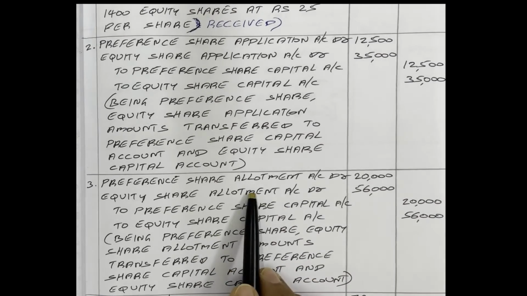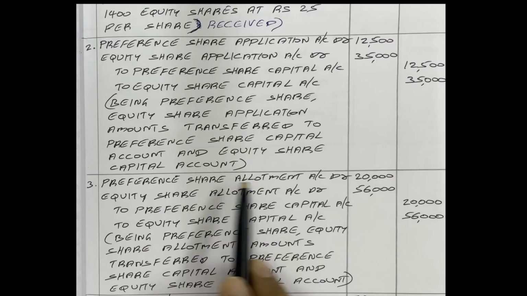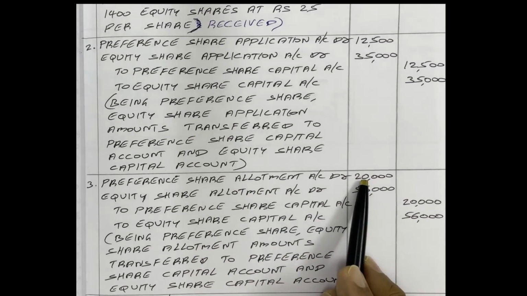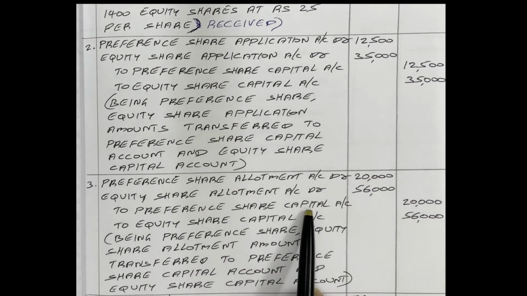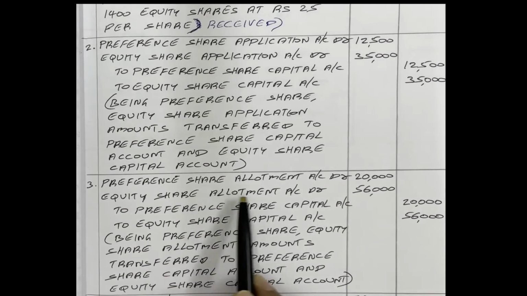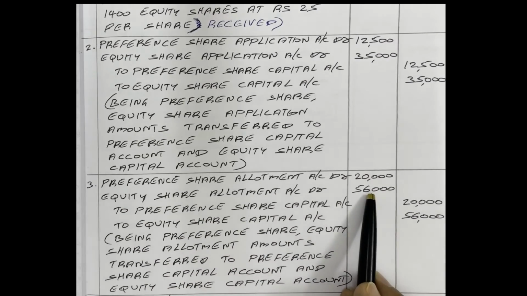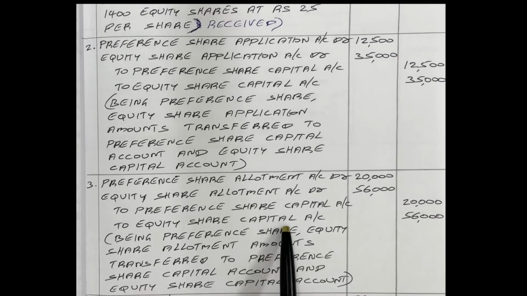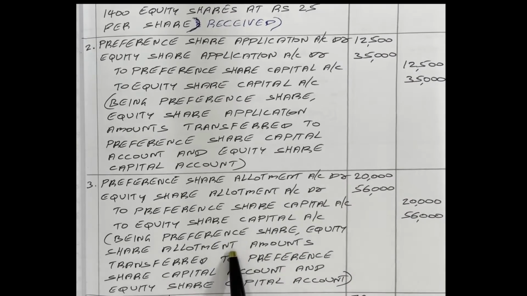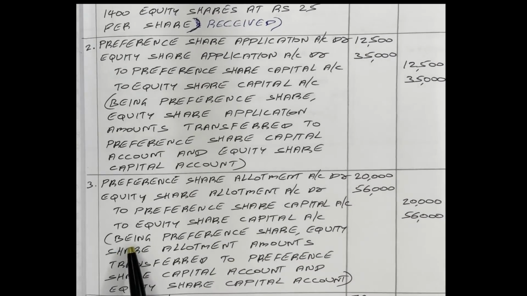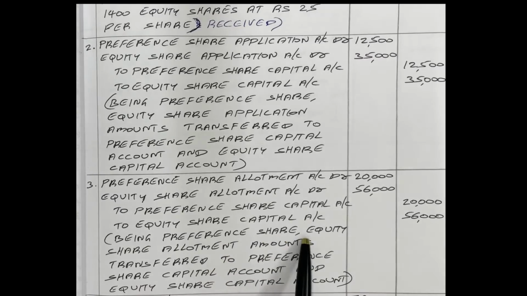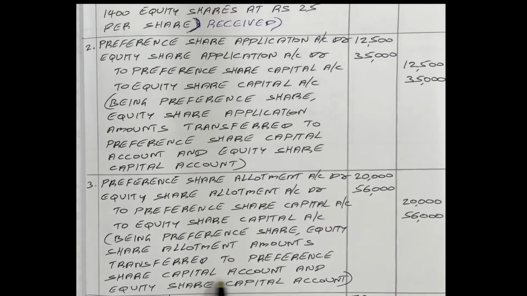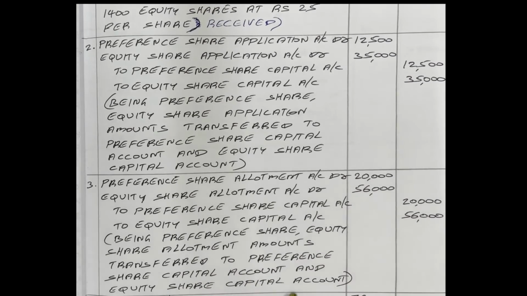For what are we writing this entry? Preference share allotment amount 20,000 we want to transfer to preference share capital account. Similarly, equity share allotment amount 56,000 we want to transfer to equity share capital account. For that we are writing this entry now. Mention that in the narration: being preference share, equity share allotment amounts transferred to preference share capital account and equity share capital account.